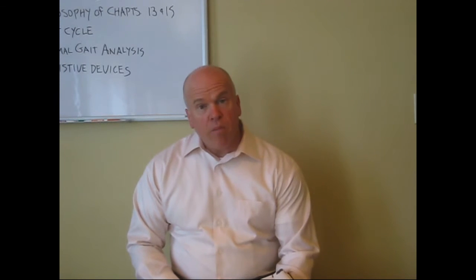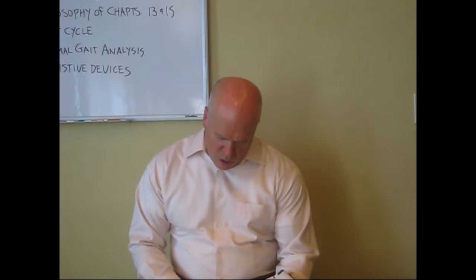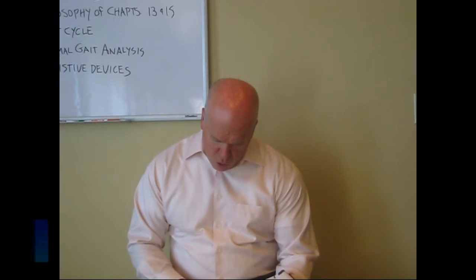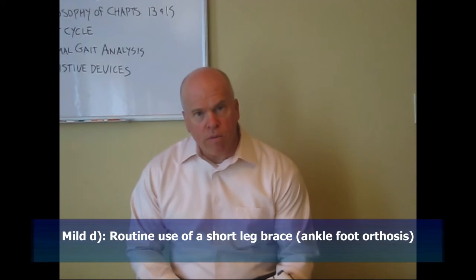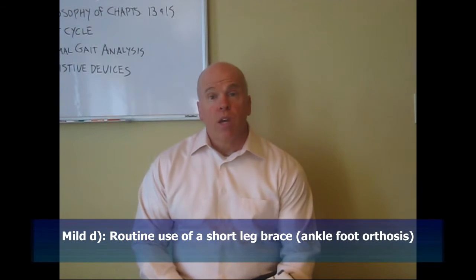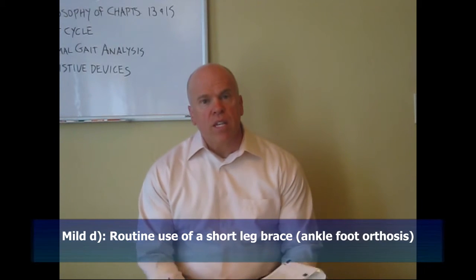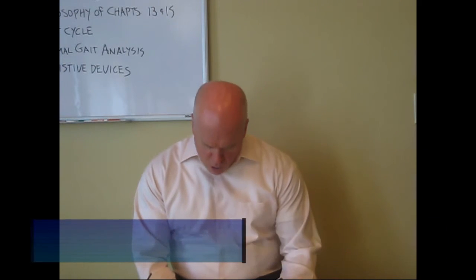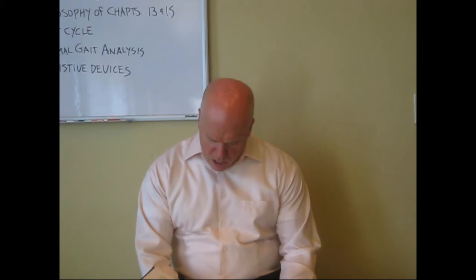The next level of mild impairment is an examinee who requires the routine use of a short leg brace, in other words, an ankle-foot orthosis. So I want you to think about these examinees here for just a minute. We have an antalgic limp with a shortened stance phase. We have a positive Trendelenburg sign.